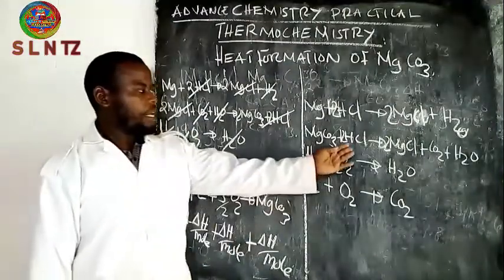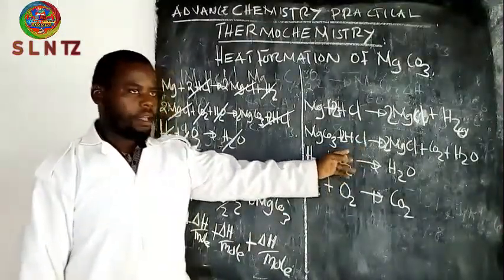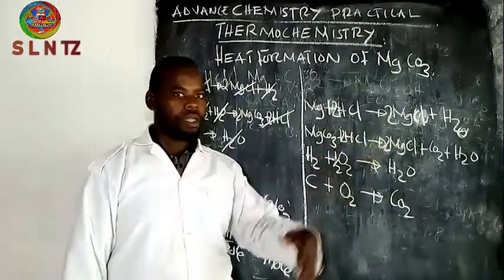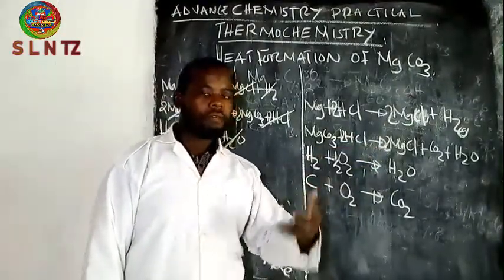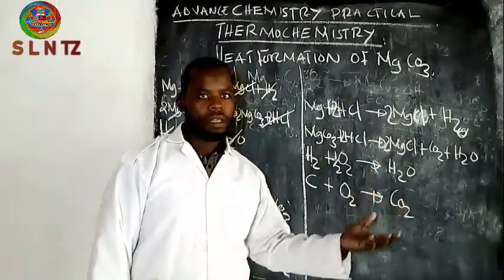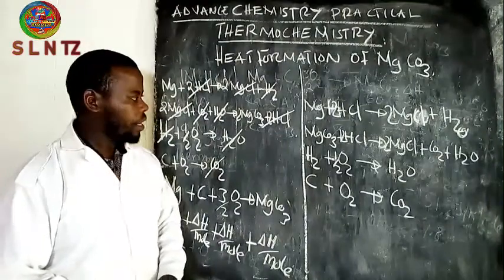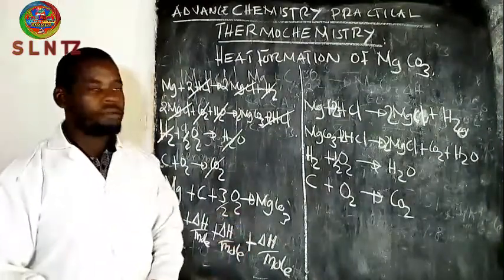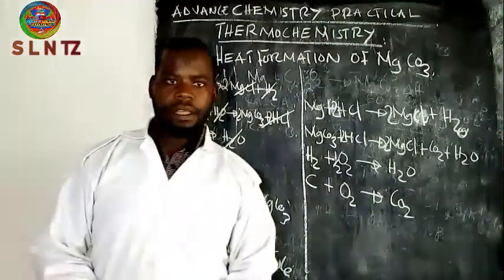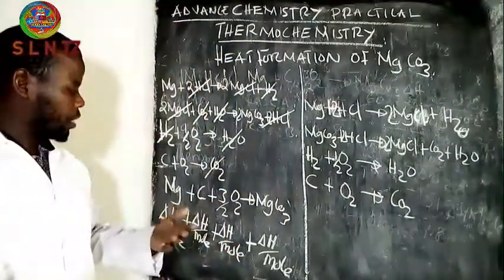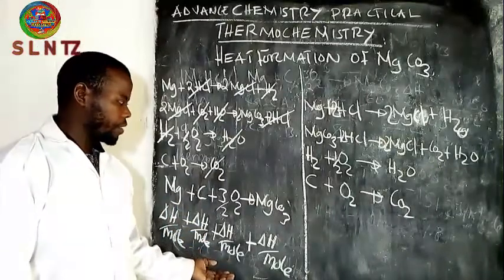But understand that when a reaction undergoes reverse reaction, its molar heat also changes. If it was negative, it is going to be positive. I think for this one you have understood how to make reactions up to reach here.